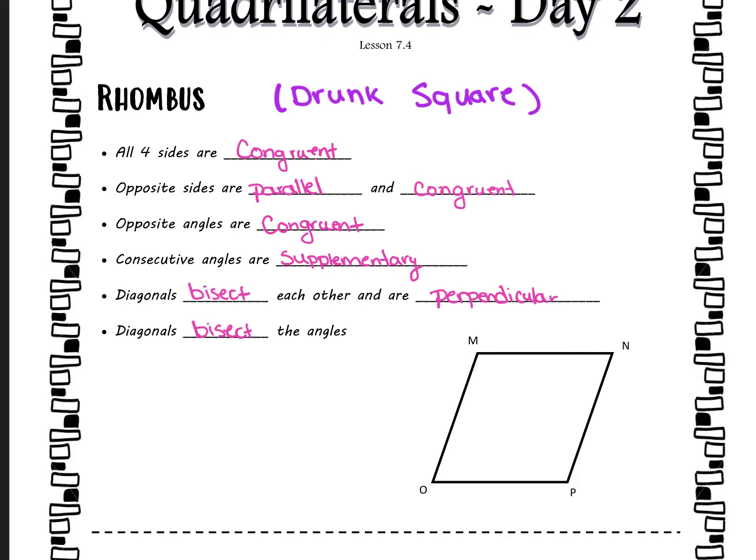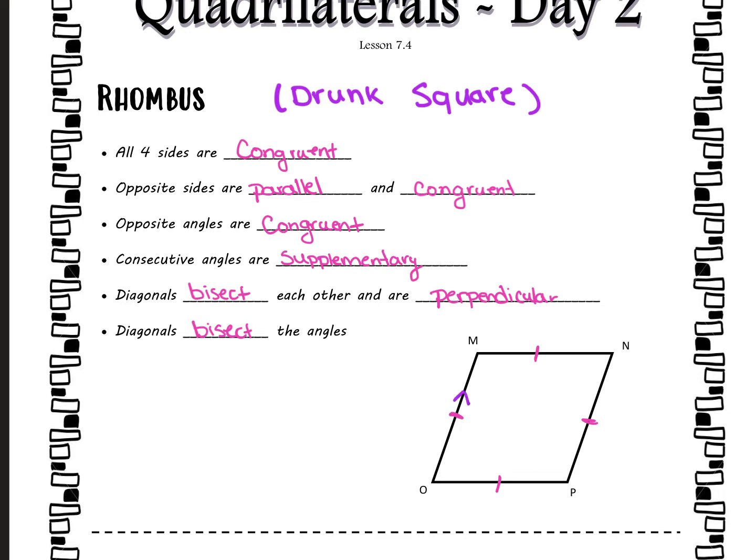So let's go ahead and start labeling this and drawing our identifiers. We know that all 4 sides are going to be congruent, so a tick mark, tick mark, tick mark, and a tick mark. Then it says opposite sides are parallel and congruent.